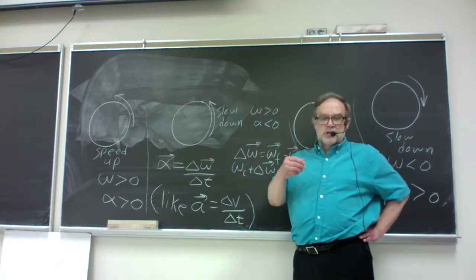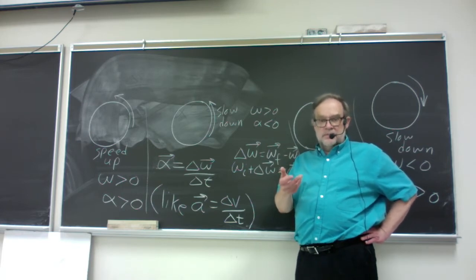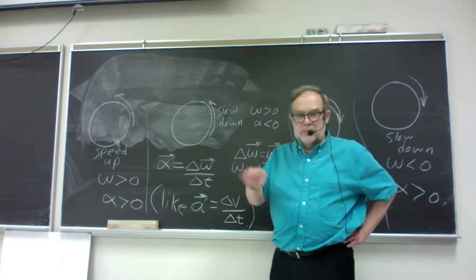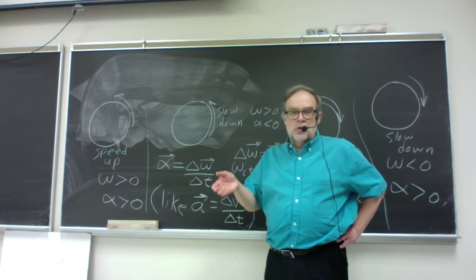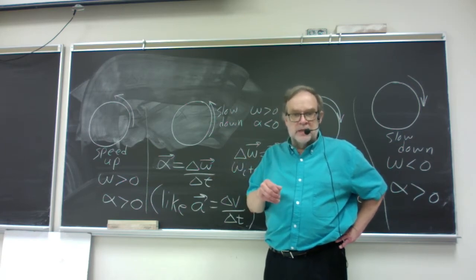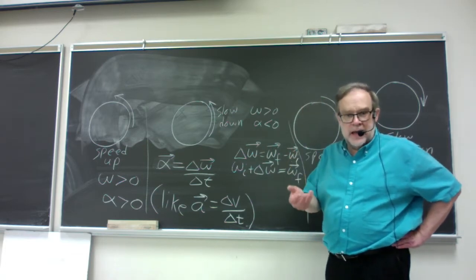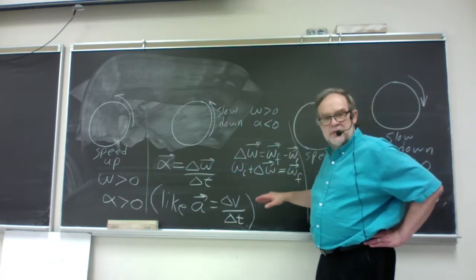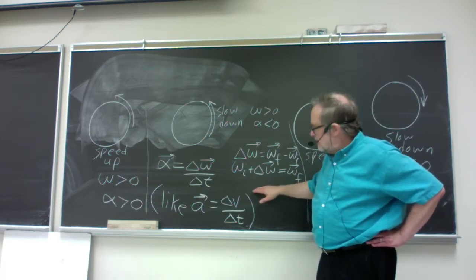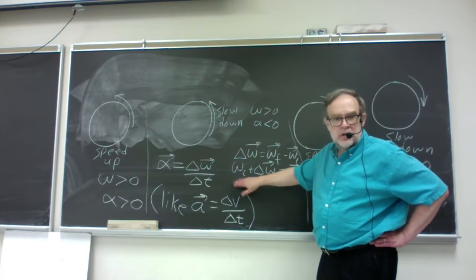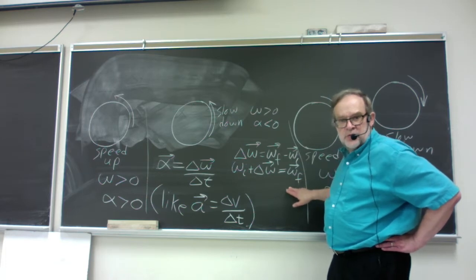In other words, whenever there's an angular acceleration, whenever there's a change in the angular velocity, and specifically that means that some rotating thing is either spinning faster and faster or slowing down, the spinning is getting slower and slower, whenever there's some kind of a change in the angular velocity, you can think of that as adding some extra angular velocity onto the angular velocity that you started with in order to give you a different angular velocity at a later time.